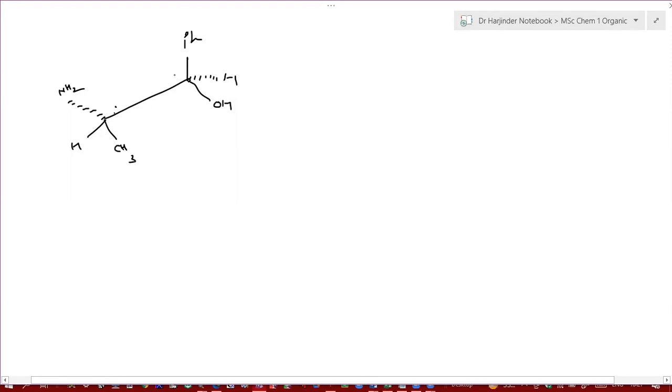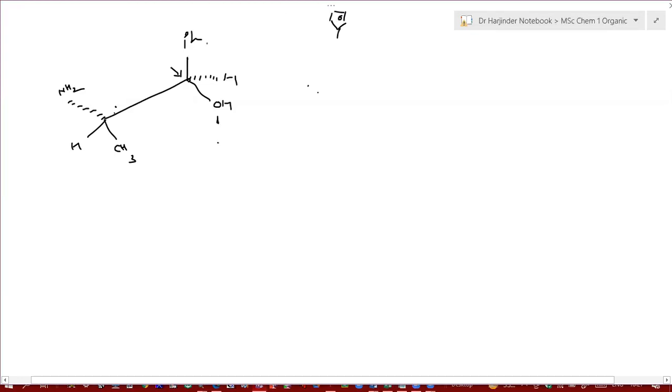Now, what's the configuration over this carbon? Which group will get first priority? OH. Second, the group where nitrogen is attached to the carbon.